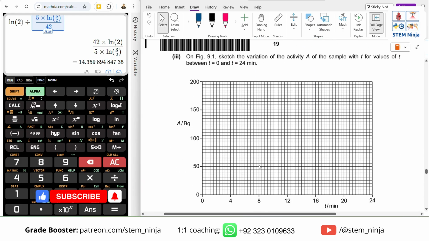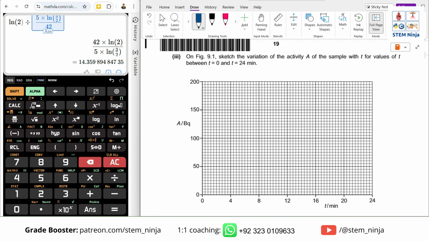Okay, on figure 9.1, sketch the variation of the activity A of the sample with t for values of t between t is equal to 0 and t is equal to 24 minutes. So we said 14 was the half-life, right? At t is equal to 0, we had 180. So it's going to start with 180.